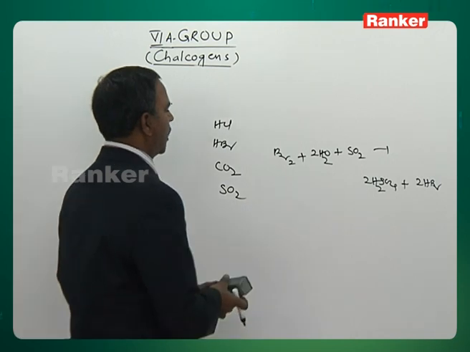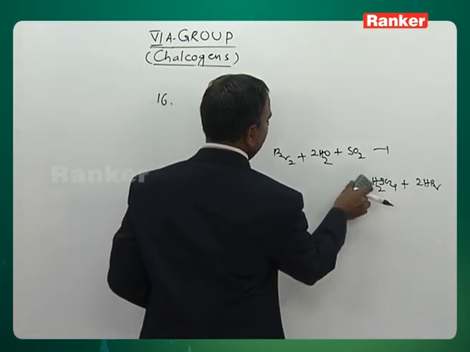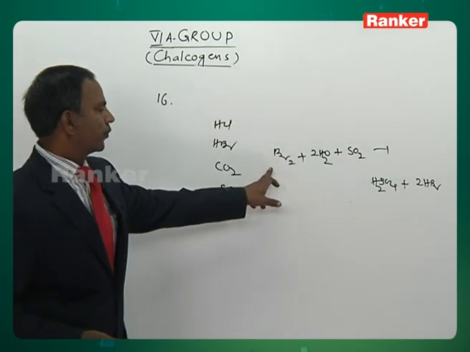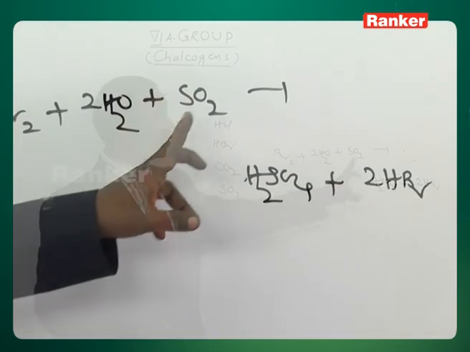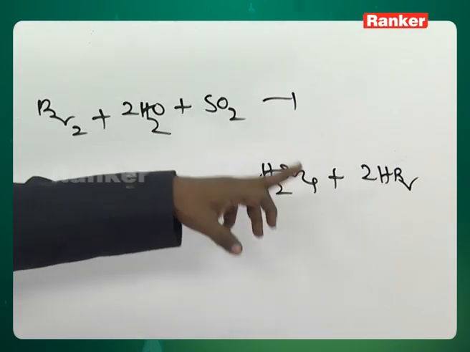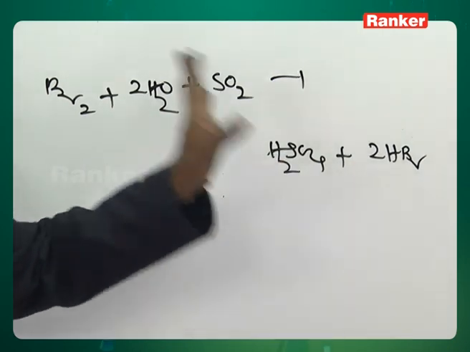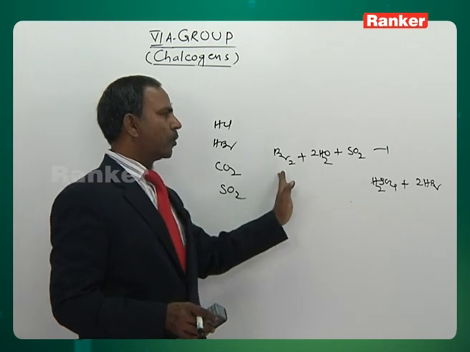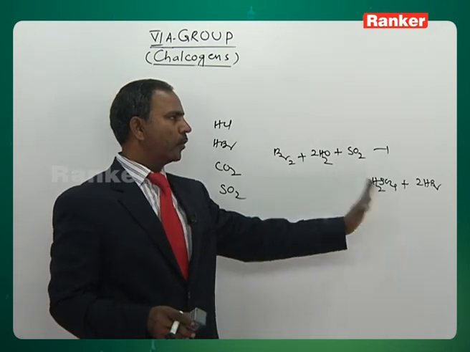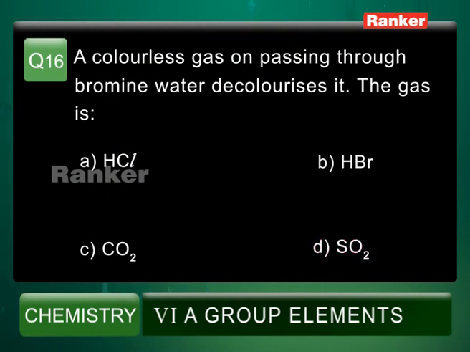This particular bromine water with sulfur dioxide is converting into HBr. Whenever bromine is converting into HBr, it will be decolorized. This conversion of bromine water to HBr is only possible by SO2. Therefore, the question number 16 answer is D.